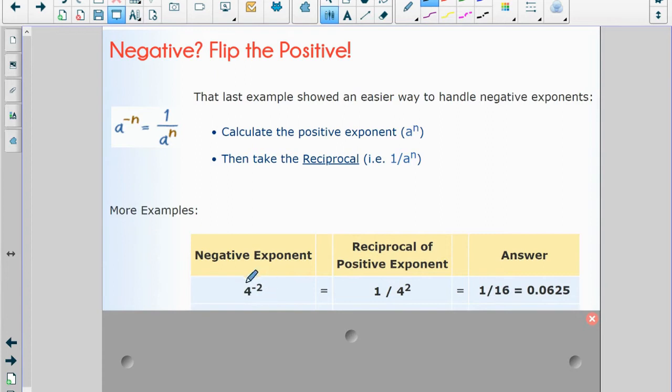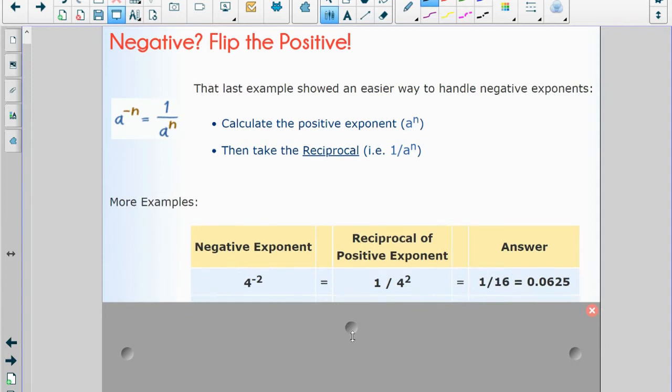If we have 4 to the negative second power, we can write that as a fraction, 1 over 4 to the positive second power. Notice it's the exact same thing, except we took the negative out when we turned it into a fraction, because it was like repeatedly dividing by 4. So it's 1 over 4 squared, which is 1 over 16.